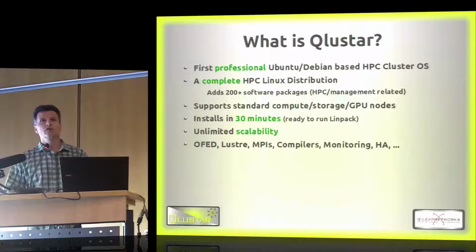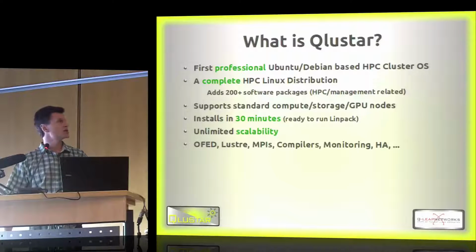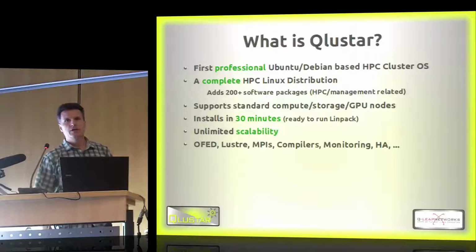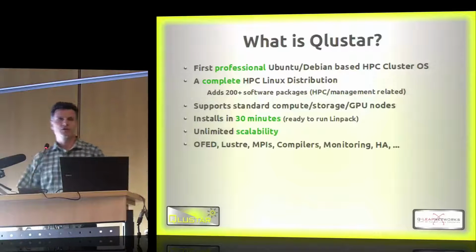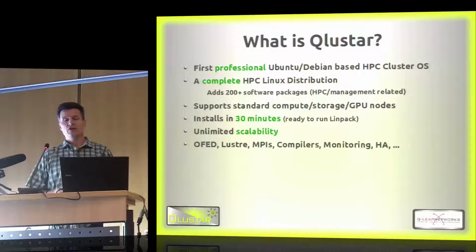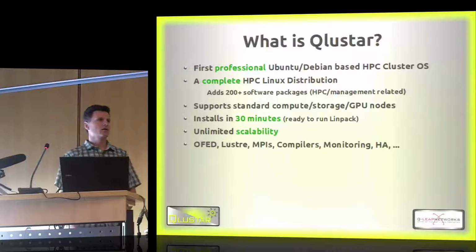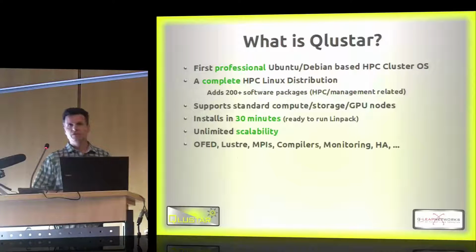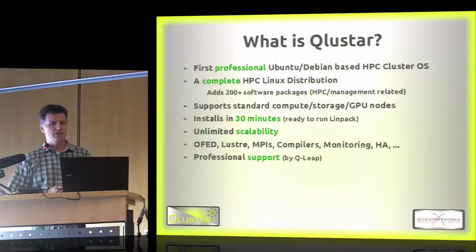It provides, of course, pre-configured standard components that you expect in an HPC cluster, like an up-to-date OFED stack, Lustre parallel file system support, various MPI versions, compilers, monitoring systems, high availability. It's all there, pre-configured and proven technology.